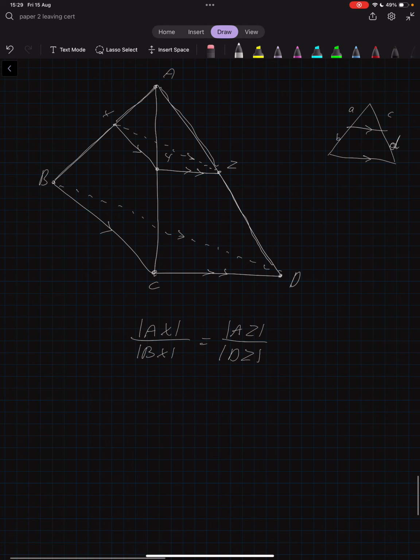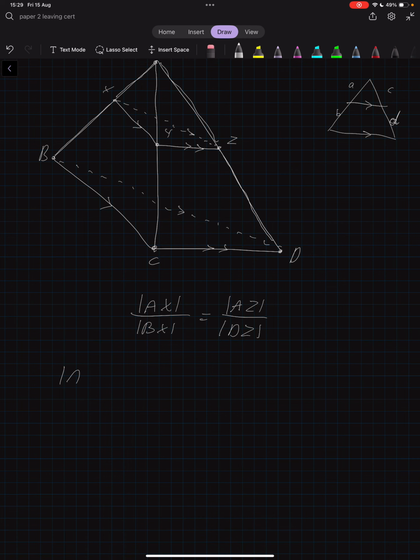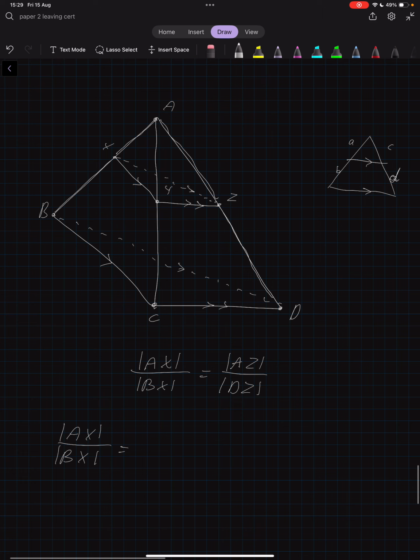Okay. Well, first of all, let's start off with AX divided by BX. What's that equal to? Well, that's equal to this divided by this. So it's equal to AY divided by YC.